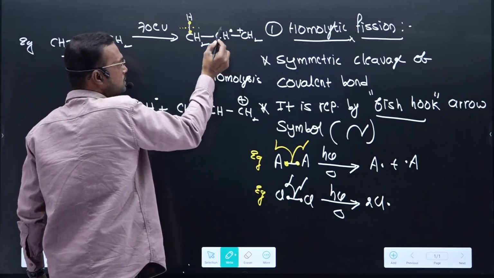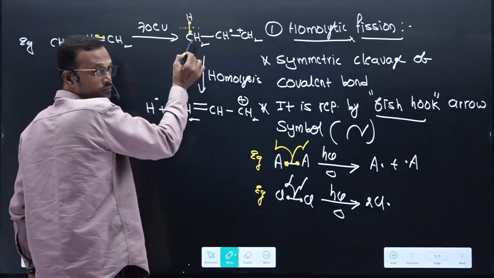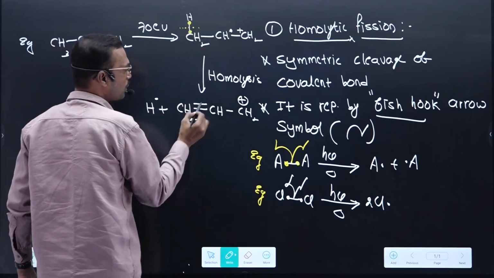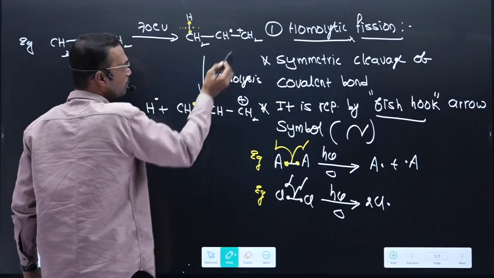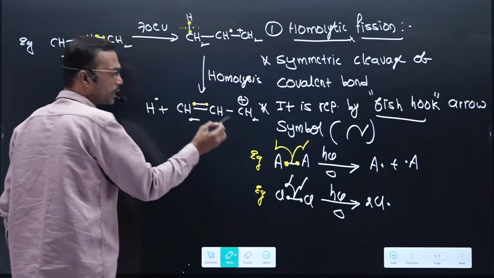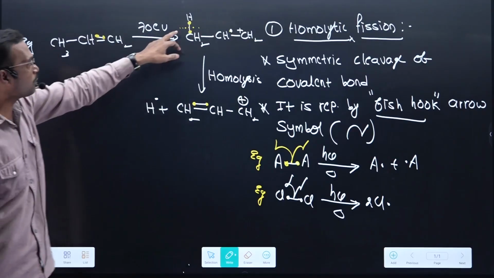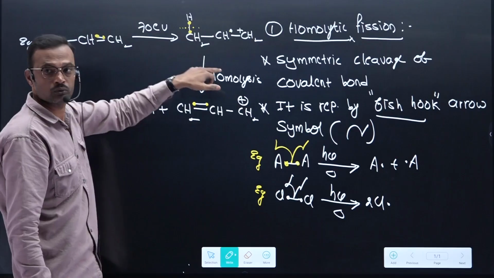This radical makes a rupture and breaks this bond. This electron is taken by hydrogen, this electron combines and forms a double bond, leaving this cation on this carbon. You will get the allyl cation. Final answer. Clear? So what type of fission is observed between carbon and hydrogen? Homolytic fission.